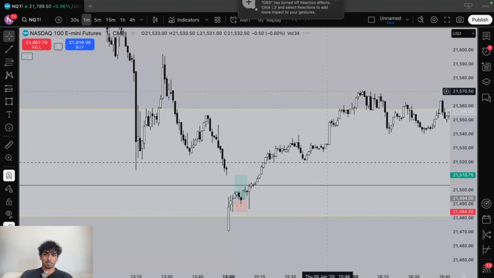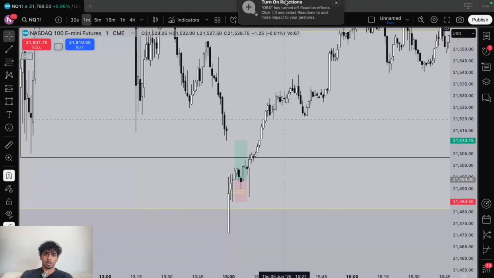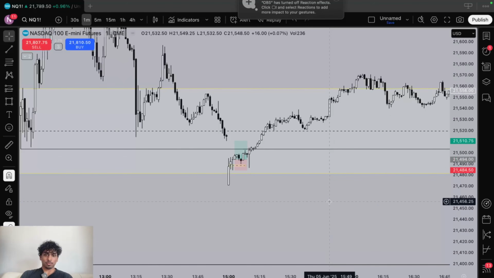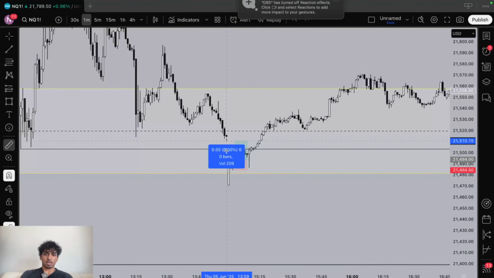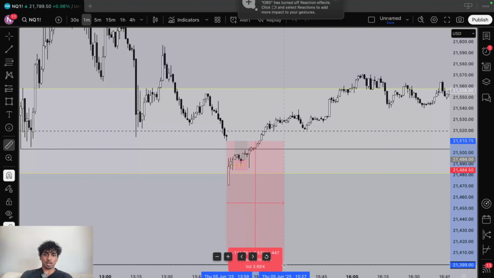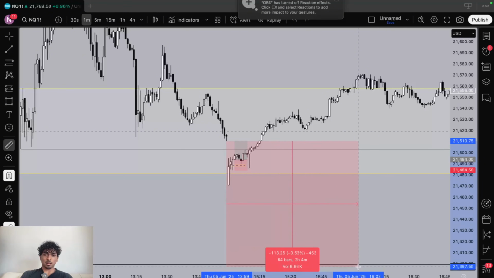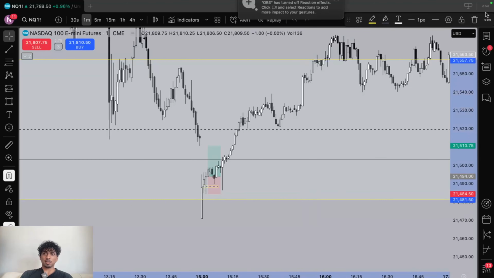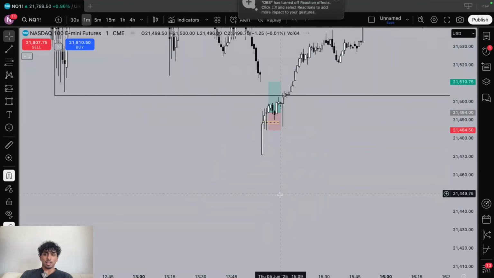All right, so that low, that swing low. So if you mark it from here to here, as you can see, it's like 110 points, 112 points away.